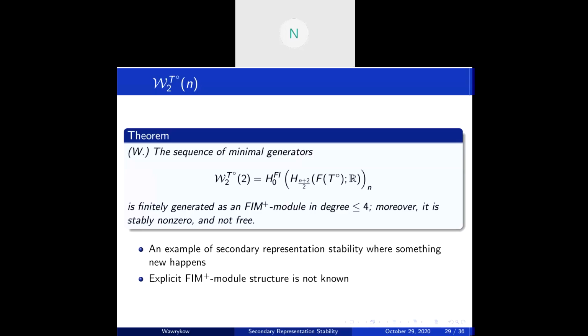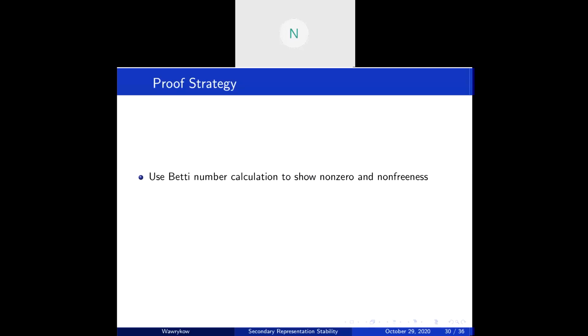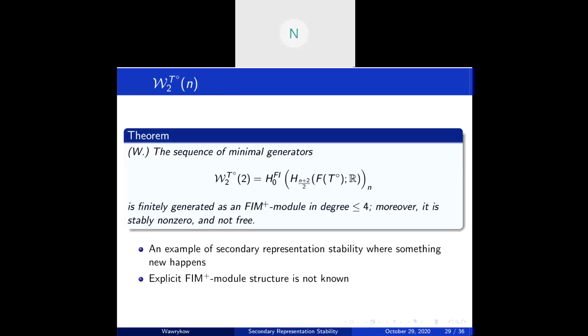So how do we go about proving this? So we first use the Betti number calculation that came from Pagaria's theorem to say, okay, this is going to be non-zero. And you can later on use that exact same calculation to say this is not going to be free. And so why does non-zeroness follow? We're looking at 2 points here. So we're looking at W sub 2 of the torus on 2 points.